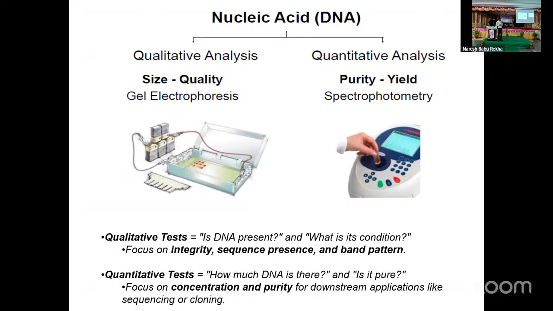If you are interested in the quantity, your spectrophotometers and some other studies are used to see the quantity of the products, and your chromatographic studies will also give quantitative results. To assess quality, gel electrophoresis, PCRs, or gene expression studies, etc., will talk about qualitative and quantitative study.